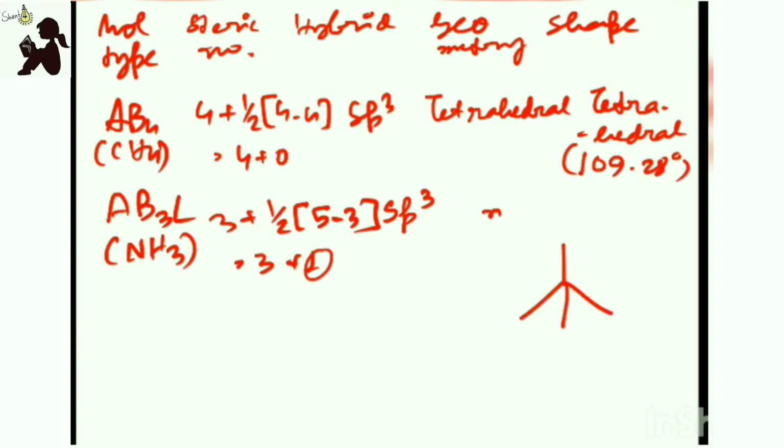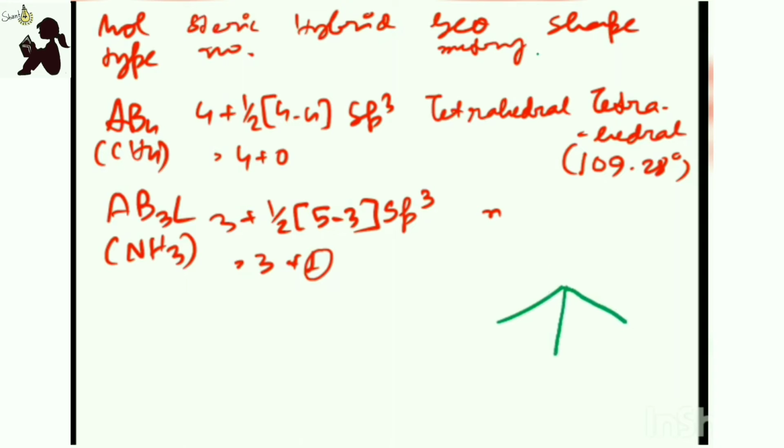It is tetrahedral shape, we all know. This upper bond which is bonded to H in case of CH4 will not be found in NH3. So it will form a molecule like this.